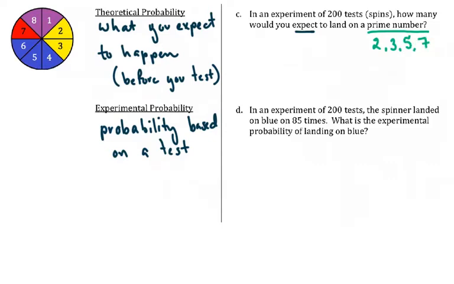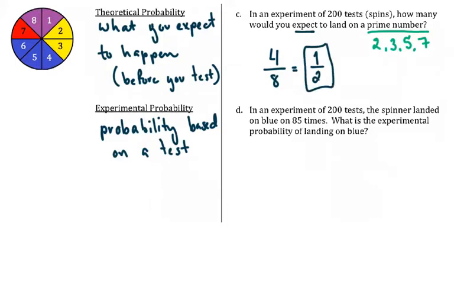What some of you are going to do is try to put 1 in there. 1 does not have two factors, it just has 1. It's not prime. So we have 4 out of the 8 possibilities, right? 1, 2, 3, 4. So then the theoretical probability is 4 out of 8, which would be 1/2. Again, if you want to write 50%, that's fine.